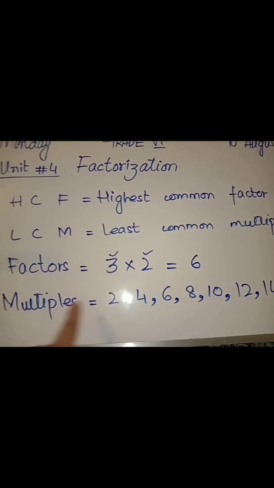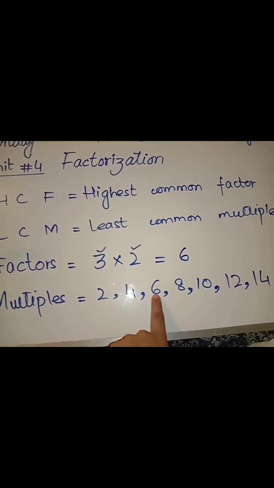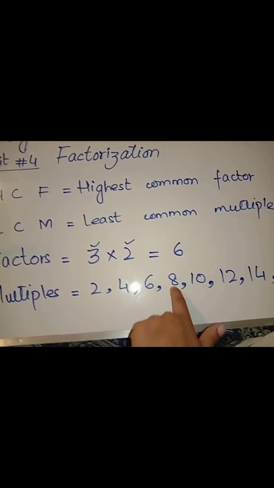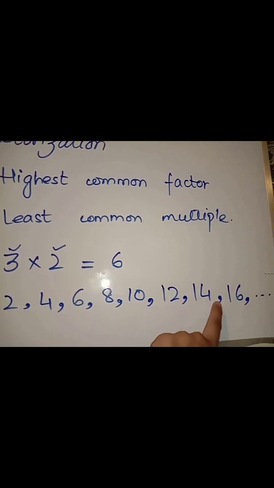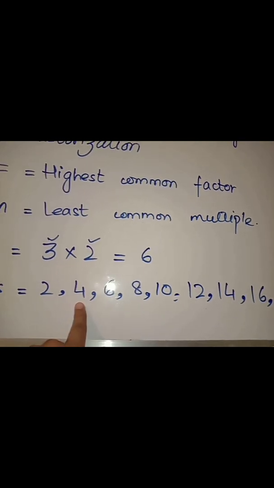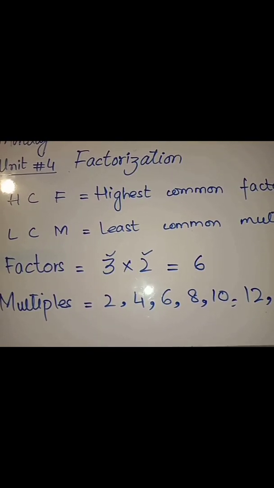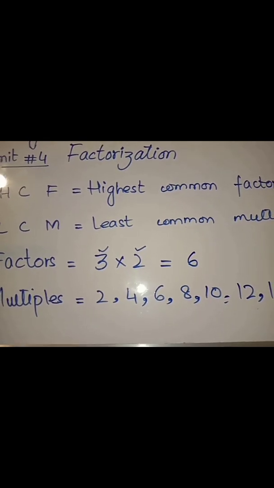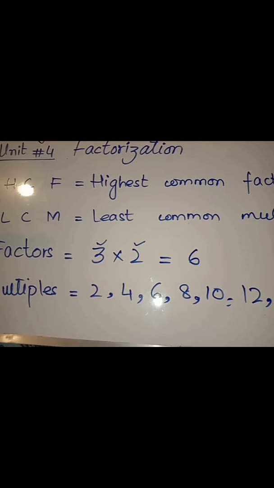Multiples are the numbers that come in a table, means 2 ones are 2, 2 twos are 4, 2 threes are 6, 2 fours are 8, 2 fives are 10, 2 sixes are 12, 2 sevens are 14, 2 eights are 16, and so on. So these are all the multiples, and 2 and 3 are factors of a number, that is 6. Understand? Now we will move towards the HCF and LCM.